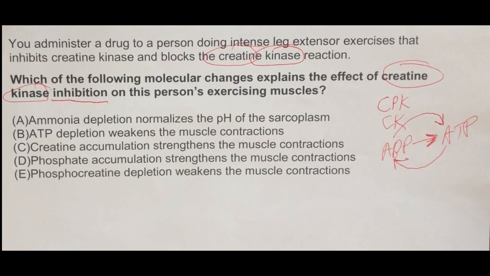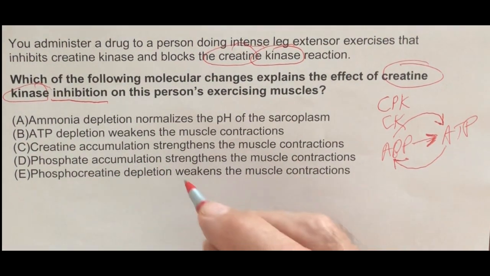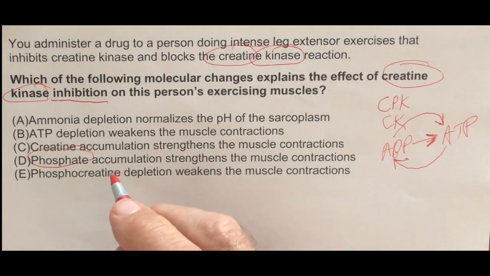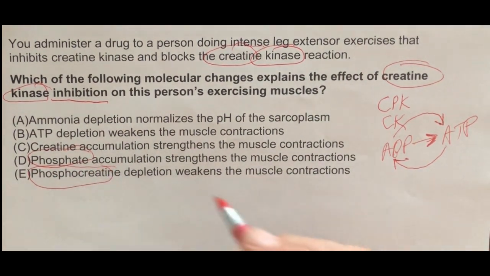Well, creatine kinase, creatine phosphate, it looks like D with phosphate accumulation and E with phosphocreatine depletion would be the keys. We're not sure yet, but let's look at those first before we look at the others.